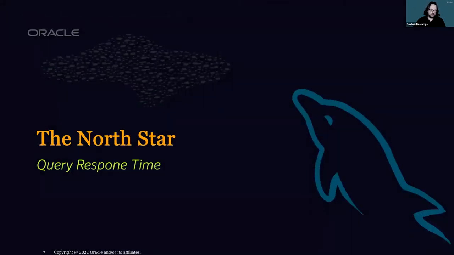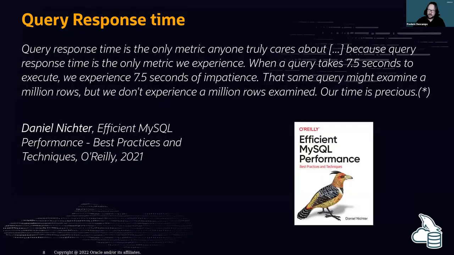Query response time, the North Star. Here I will quote Daniel Nichter. Query response time is the only metric anyone truly cares about, because it is the only metric we experience. When there is a query that takes 7.5 seconds to execute, we experience 7.5 seconds of impatience. That same query might examine 1 million rows, but we don't experience that million rows, of course.